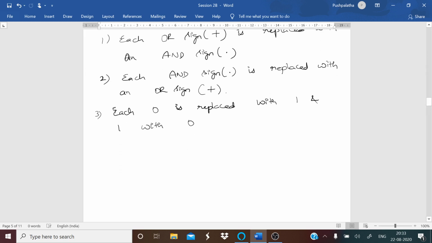Now this is what you mean by the Boolean principle of duality. For example, you have x plus y into z bar equals 0. X is a variable. So now what are you going to do? You are changing plus into dot, 0 to 1. Okay, so x into y plus z bar equals 1. This is your dual expression.